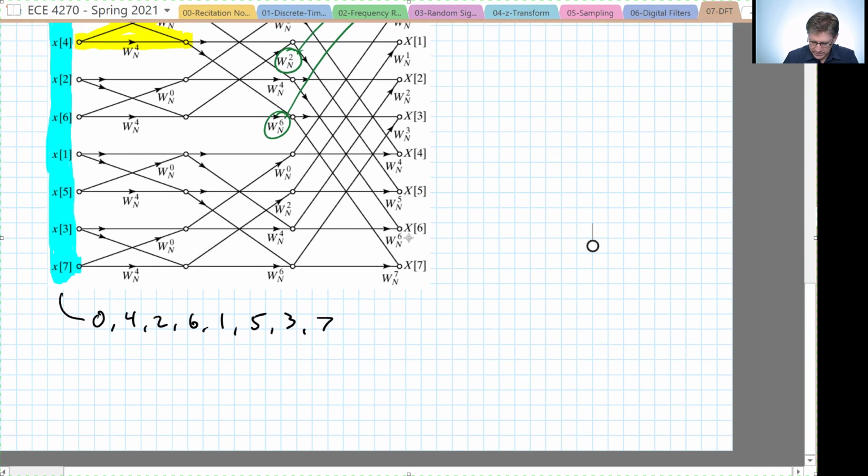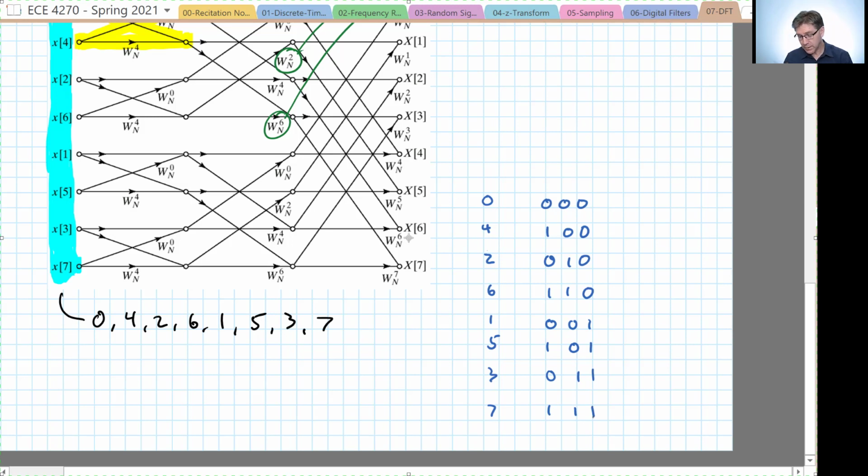Well, interestingly, if you take these values, 0, 4, 2, 6, 1, 5, 3, 7, and we just put them in a different form, we can write these in binary. Like this.